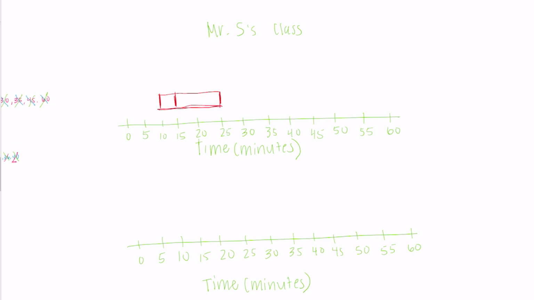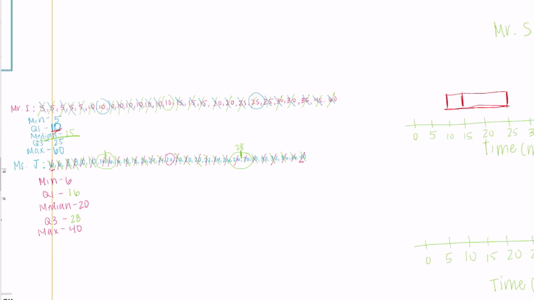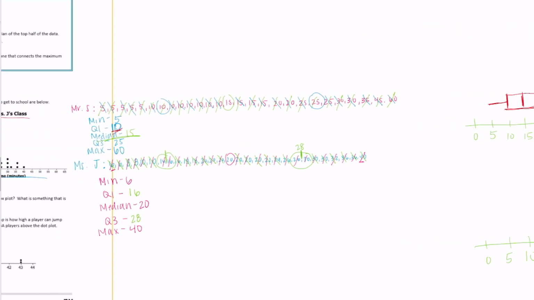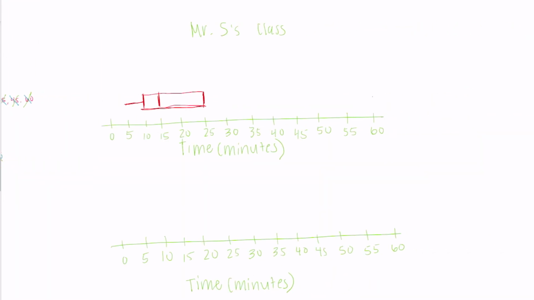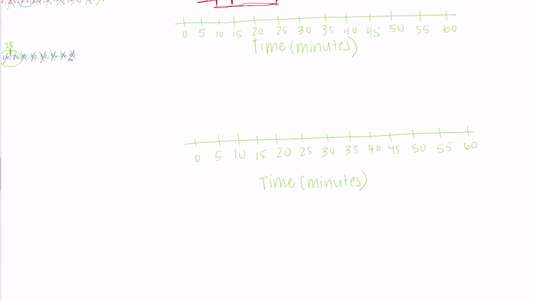Now all I have to do is put a dot at my minimum and my maximum. So my minimum was 5, so I'm going to connect it to 5. And my maximum is 60, so all the way over here, I'm just going to draw a line to 60. So there's my box plot for Mr. S's class.